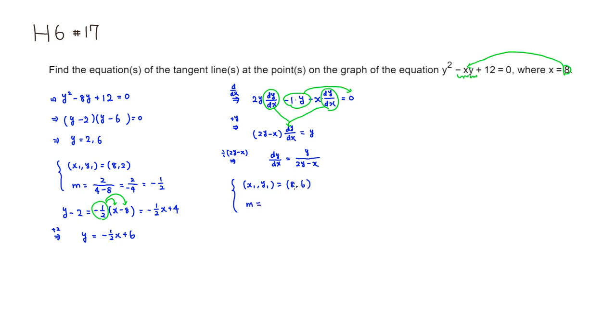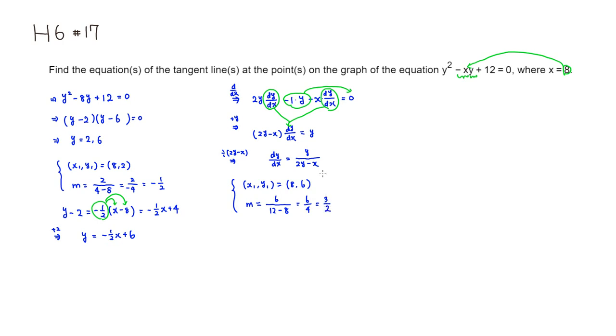Here, the y value is 6 in this case, so 6 over 2 times y, which is 12, minus x, which is 8. So this is going to be 6 over 4. So this gives us 3/2.